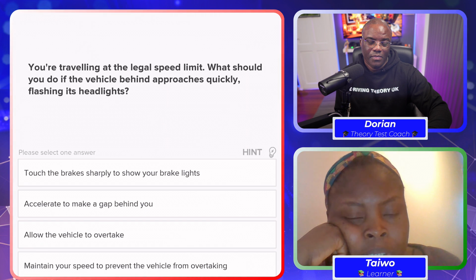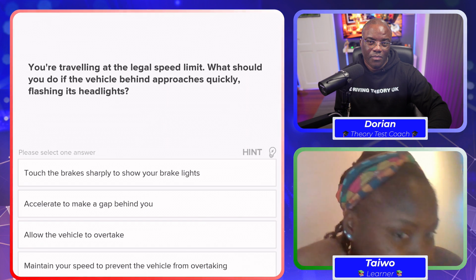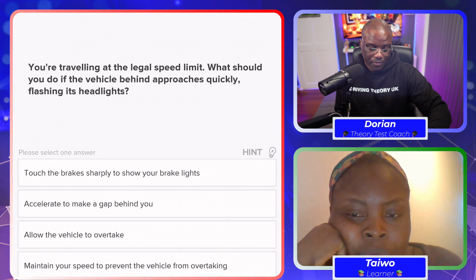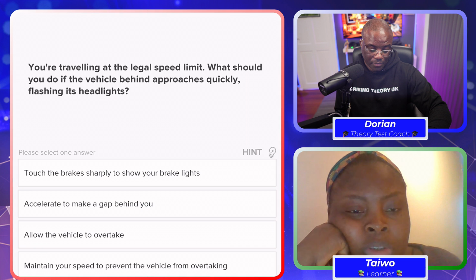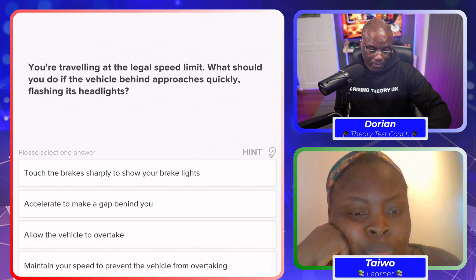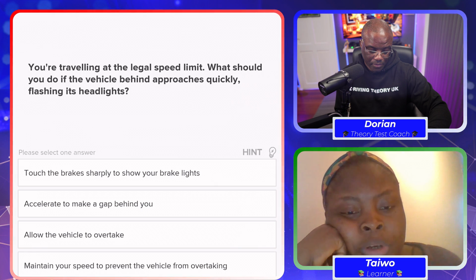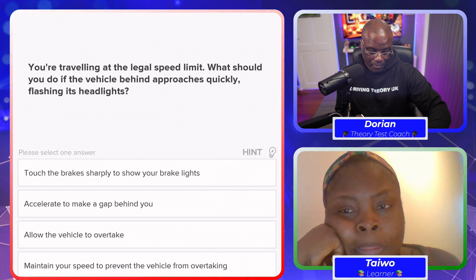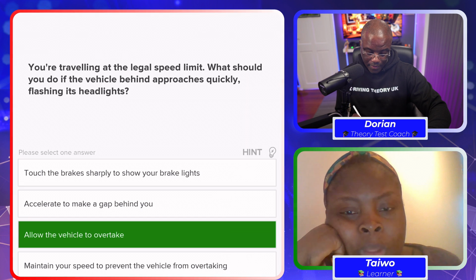Yeah, I'm just thinking about the question again. Accelerate to make a gap behind you. What if there's no sufficient gap? Maintain your speed to prevent the vehicle from overtaking. No, you can't do that. Touch the brake sharply to show you. I will allow the vehicle to overtake, just to be safe. C. You're going to go for C. Okay.